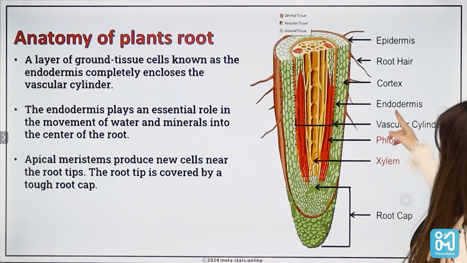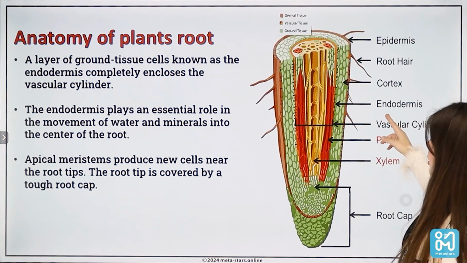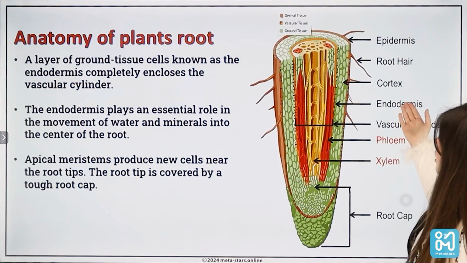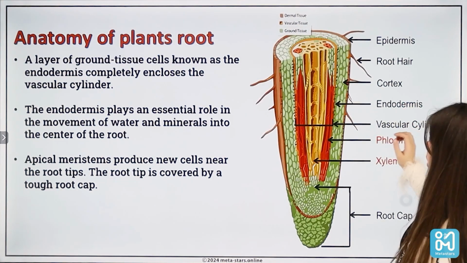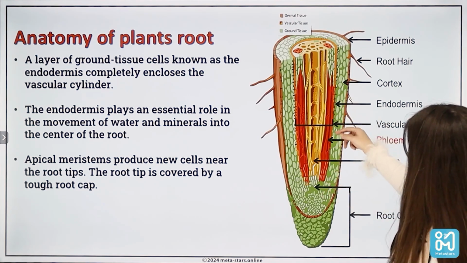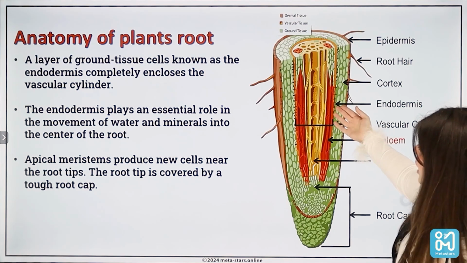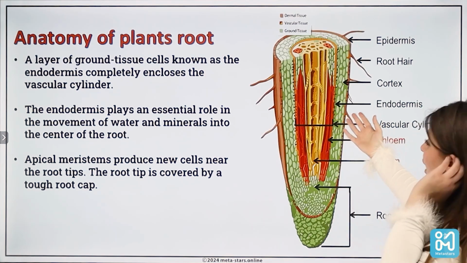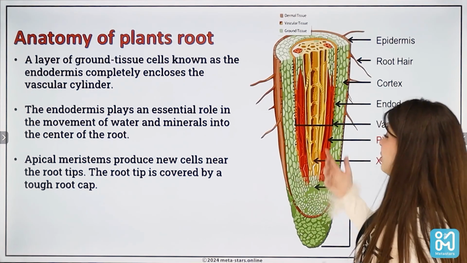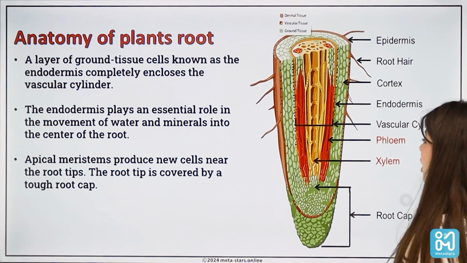So we have the endodermis, which is a layer of ground tissue that completely encloses the vascular cylinder. The endodermis also plays an essential role in the movement of water and minerals into the center of the root. So it helps the xylem and the phloem.